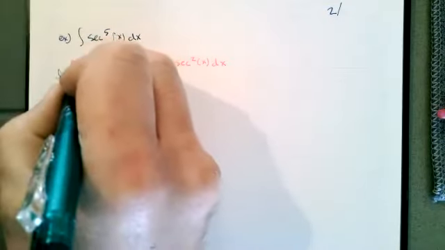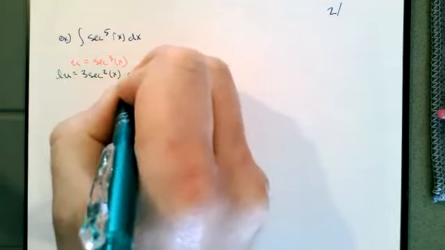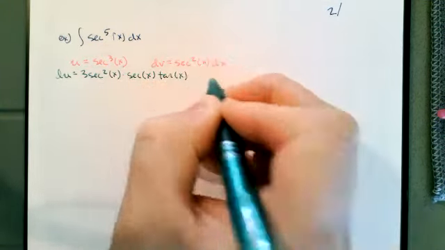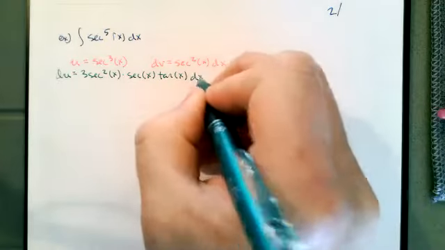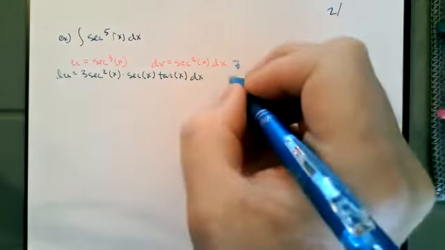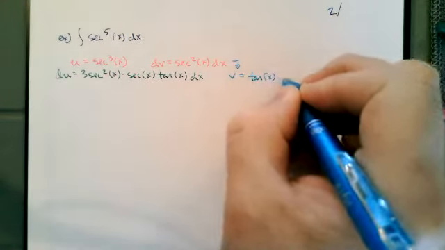So the derivative is 3 secant squared x times secant x tangent x dx. And in the dv column, the integral of secant squared is tangent x.